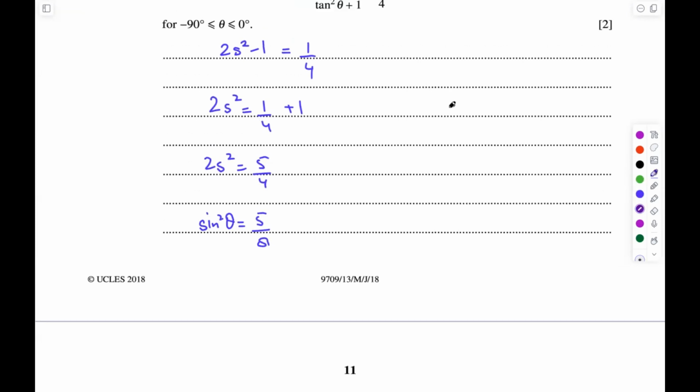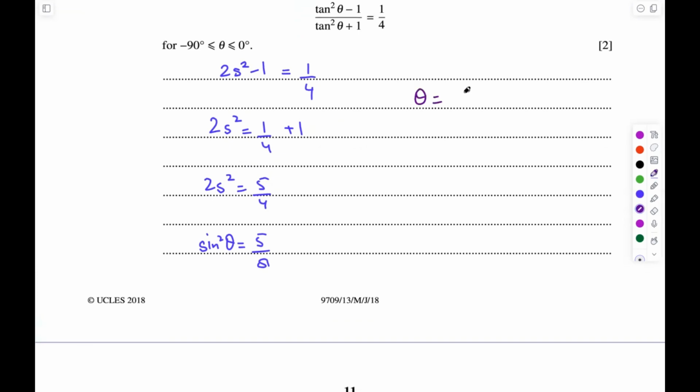Now to find theta, we'll have to find the inverse, so this will become sine inverse, and we take the square root of 5 upon 8. So if we take shift sine inverse and the square root, we'll first take the square root of 5 and divide it by 8. We have to make sure that the calculator is in the degree mode.